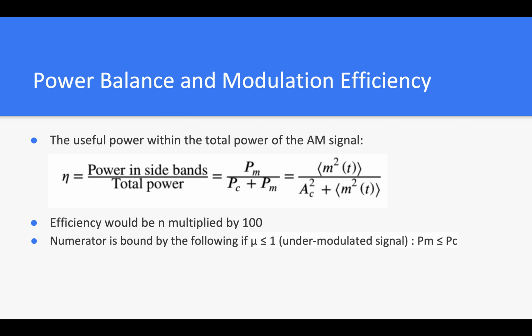Since we know from the previous slides that the carrier component is the wasted power and the power in the sidebands is the useful power, we can find the modulation efficiency by dividing the useful power by the total power. When doing this, we have to make sure that the signal is undermodulated or perfectly modulated. This is denoted by the modulation index being less than or equal to 1.